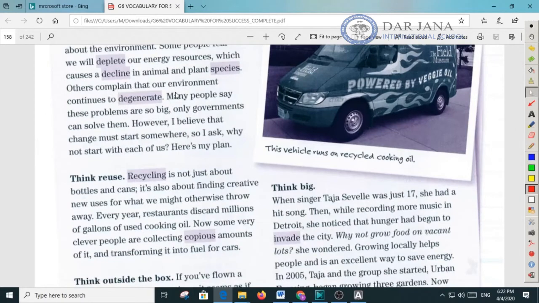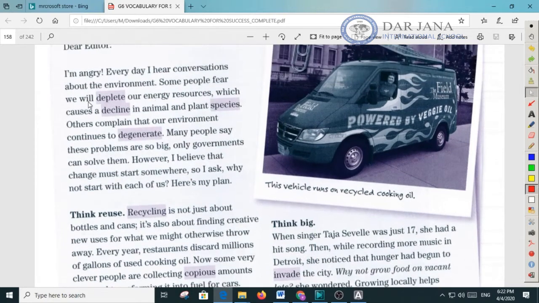Others complain that our environment continues to degenerate. And there are two pronunciations of this. You have degenerate and degenerate. But here we're going to say degenerate, because here this is a verb. So others complain that our environment continues to degenerate. What's the meaning? So they're saying before that there's a depletion.